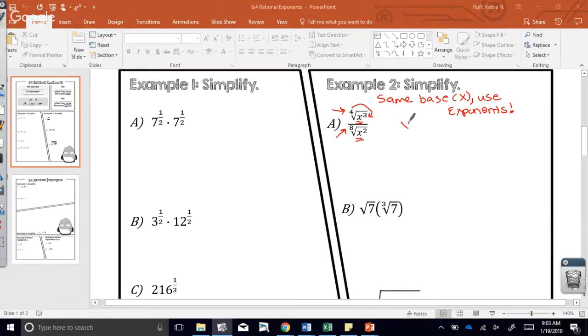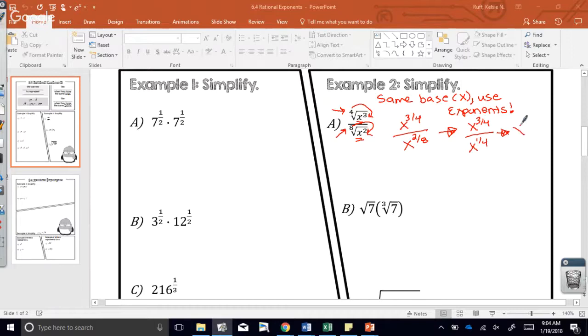I'm going to take this 4 and make it a fraction. So this becomes x to the 3/4. I'm going to take the 8 and again make it a fraction. So this becomes x to the 2/8. We're going to reduce. So this is x to the 3/4, and 2/8 becomes x to the 1/4.